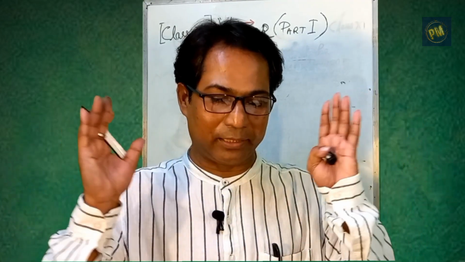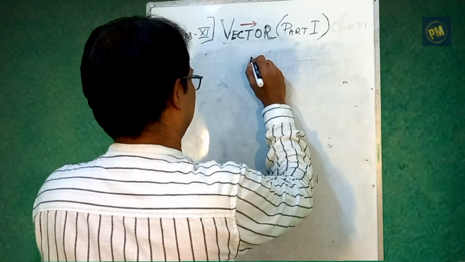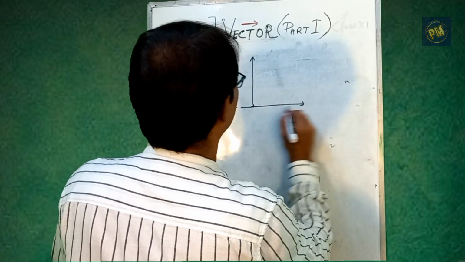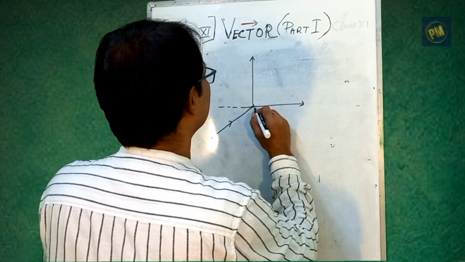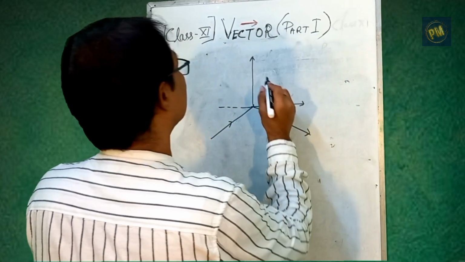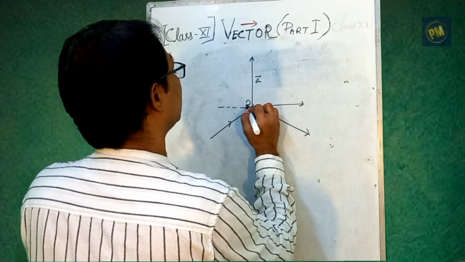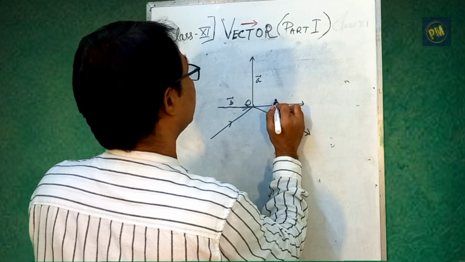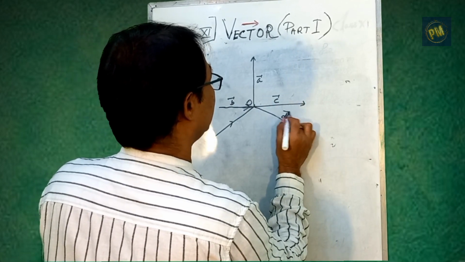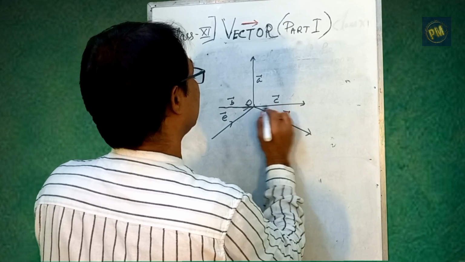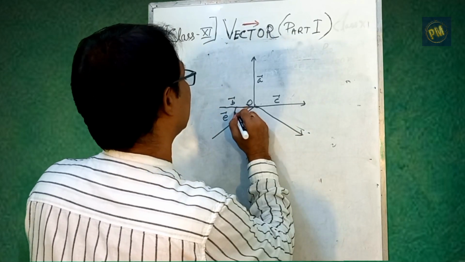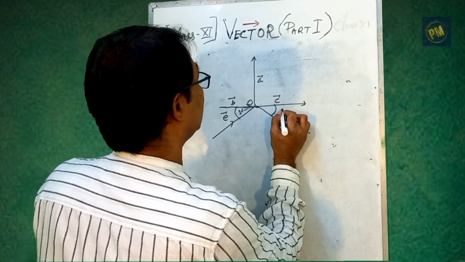We are explaining the angle between the two vectors with another example. This vector is taken as A, this is O, this is B, this is C, and this is D, and this is E. This is 30 degree, this is 60 degree.